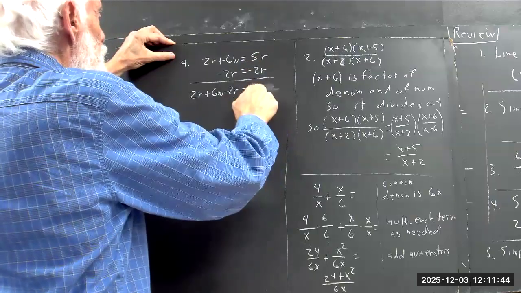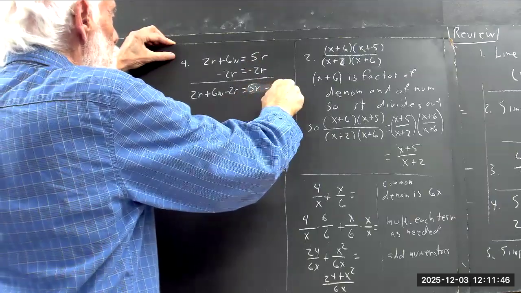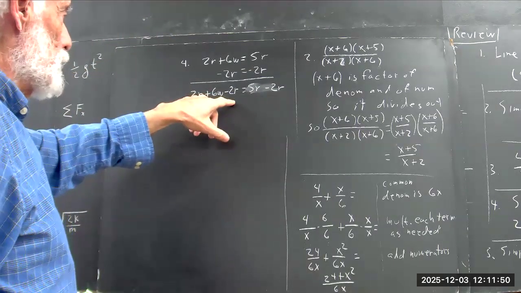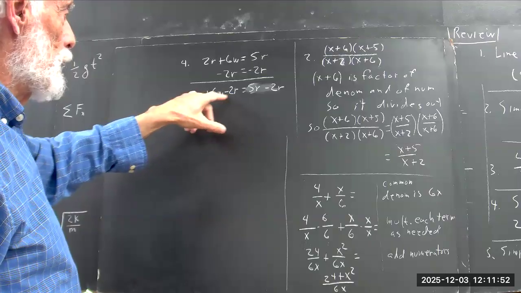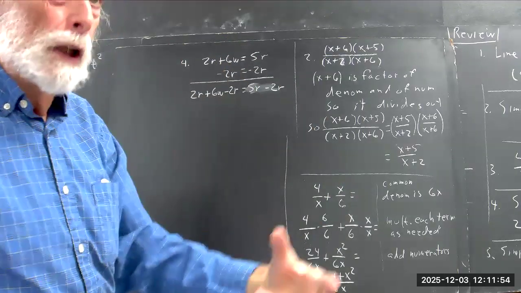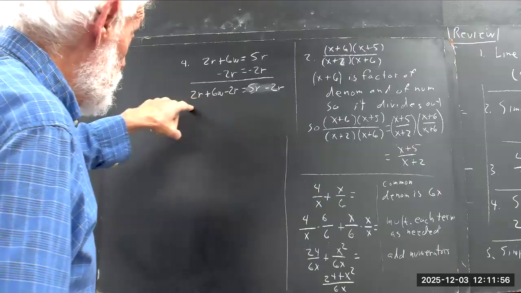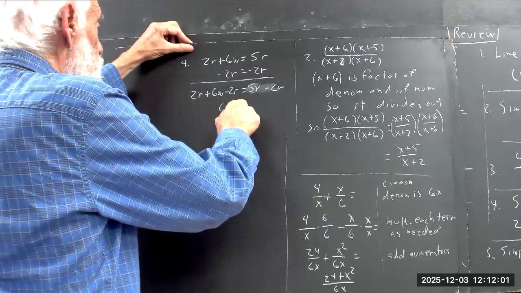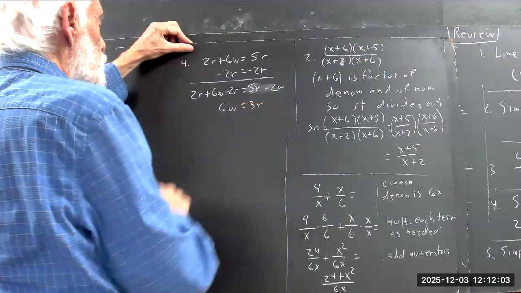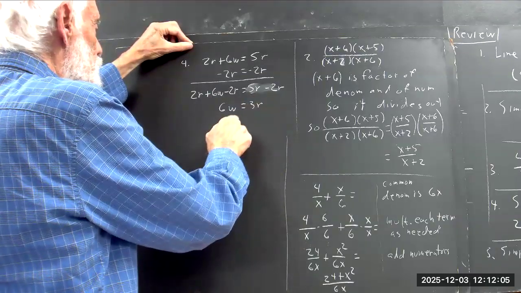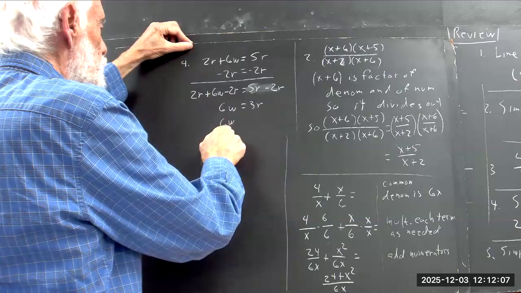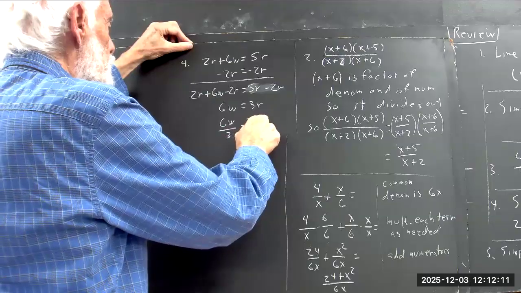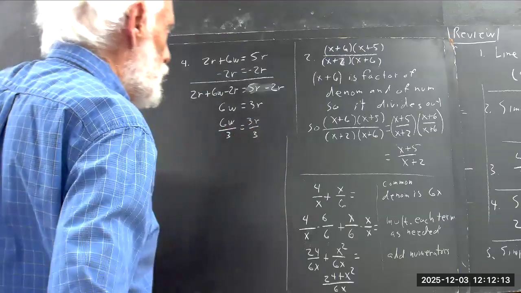Well, 5R minus 2R. And now we see that, well, we can't subtract a 2R from the 6W. We don't know what R is and we don't know what W is. They're unlike terms. So we do the 2R minus 2R, that gives us 0, and we get 6W equals 3R. And 6W over 3 equals 3R over 3.